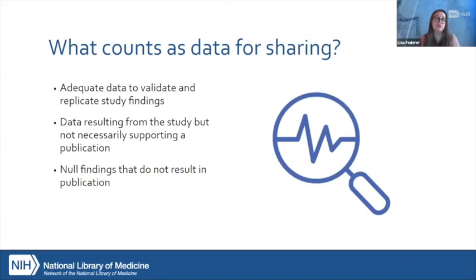So, the question of what counts as data for sharing. What should be shared is adequate data to validate and replicate the study findings. And it should include data that results from the study but doesn't necessarily support a publication. So if there is a scenario where research is conducted and there are null findings that don't result in a publication, those data should still be expected to be shared.